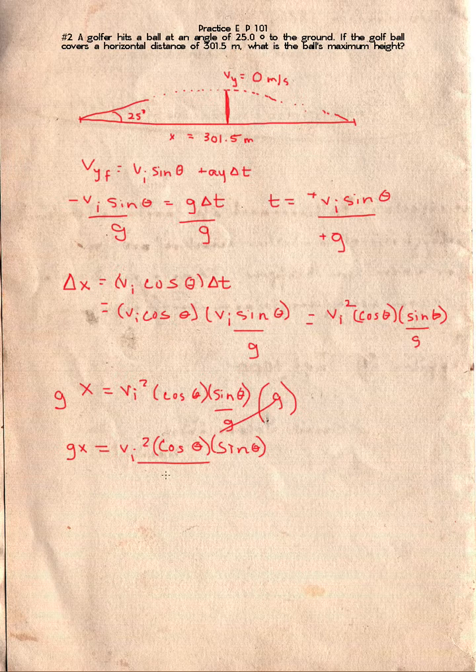Okay, so I can divide by cosine theta, sine theta. But that makes it on this other side here, so cosine theta times sine theta, can't squeeze it all in there. All right, so now let's rewrite this. Vi squared equals gx times sine theta times cosine theta.